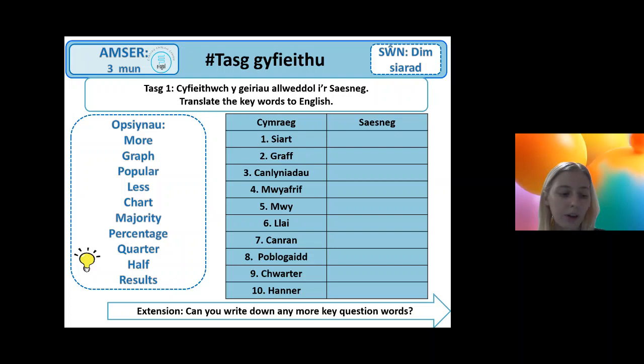Remember, type in the chat if you have any questions. Okay, and always think which one sounds similar to English, chart, graph, or do they sound like in English? And a lot of these keywords will be coming up in the questions that we're answering today as well.